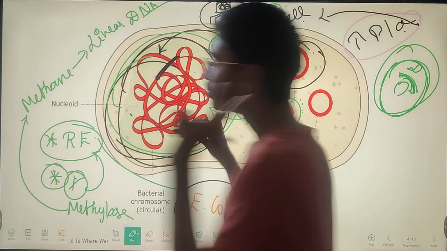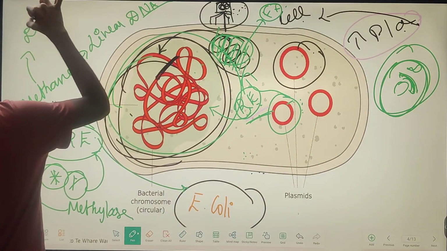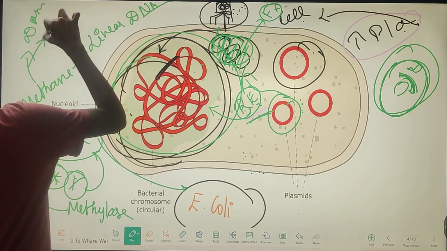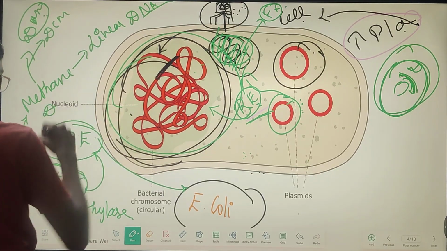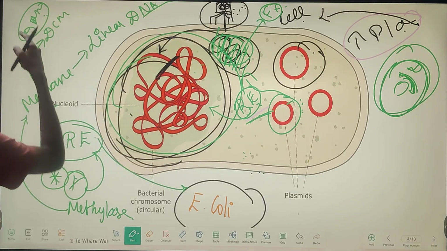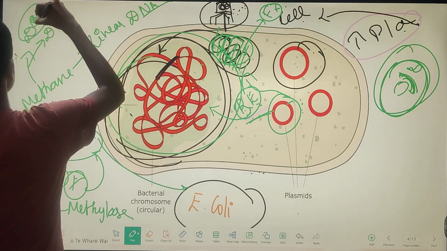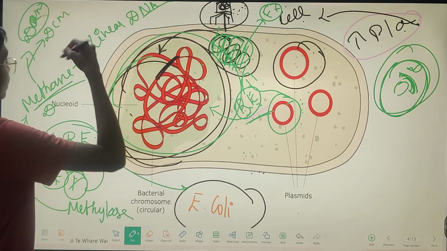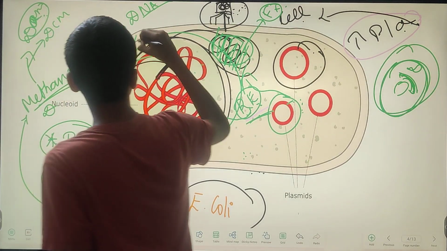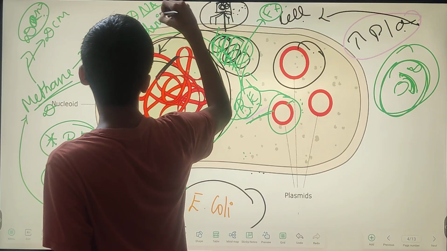As I said, there are two different things, DAM and DCM. DAM methylase will be adding a methyl group to the adenine.